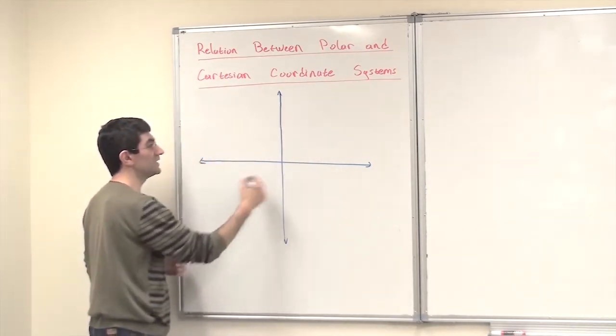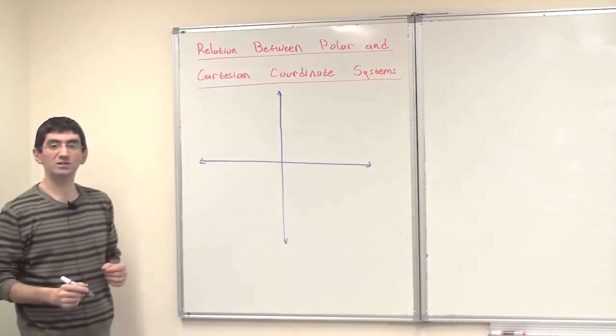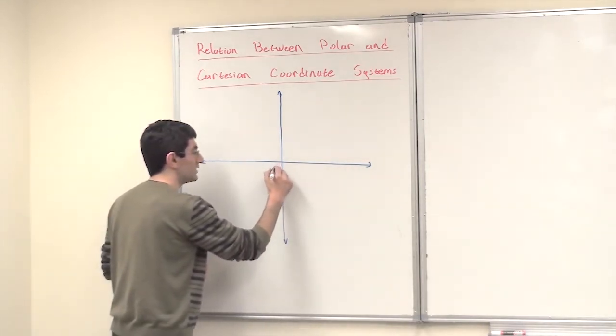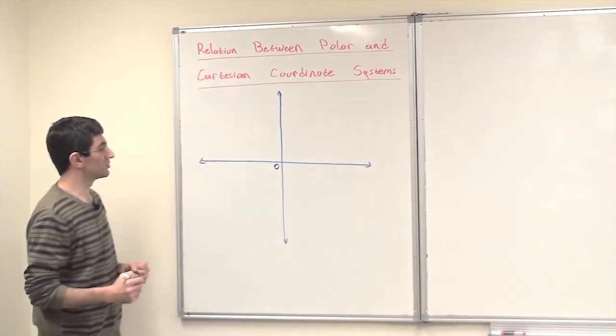So this here is the two-dimensional Cartesian coordinate system. The intersection of the axes is the origin.